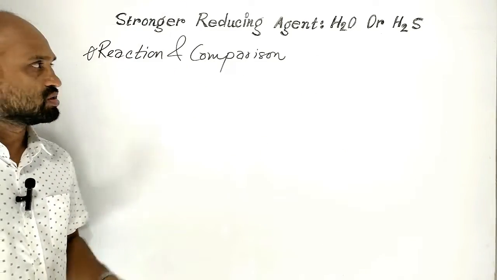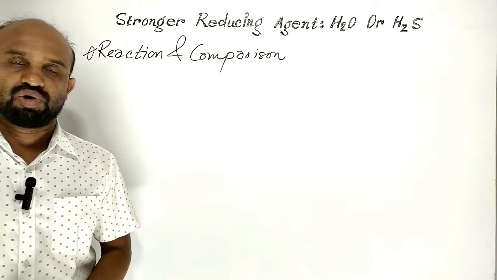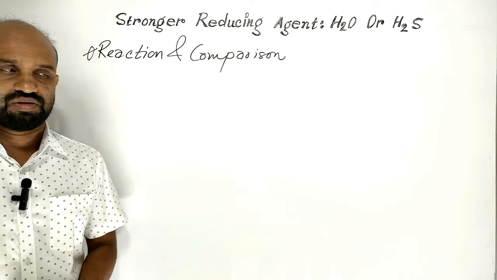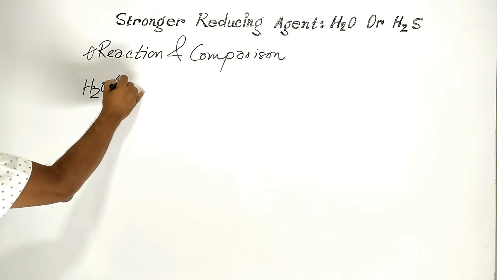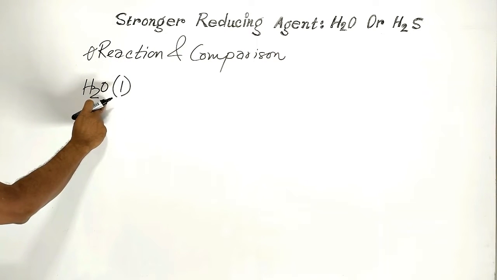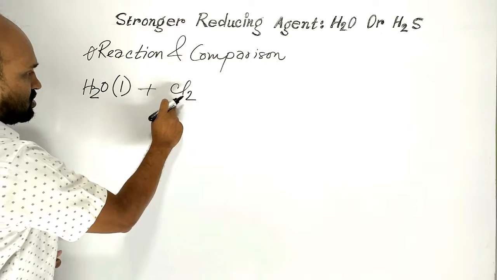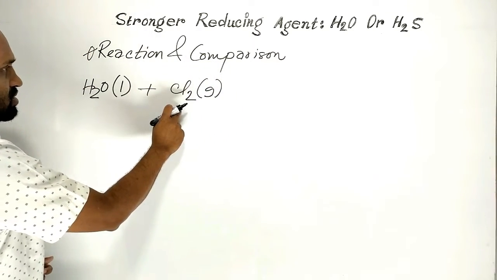Now the point is reaction and comparison between water and hydrogen sulfide. Let's write the reactions. Water, which is liquid at normal condition, reacting with chlorine. Chlorine is gaseous at normal condition.